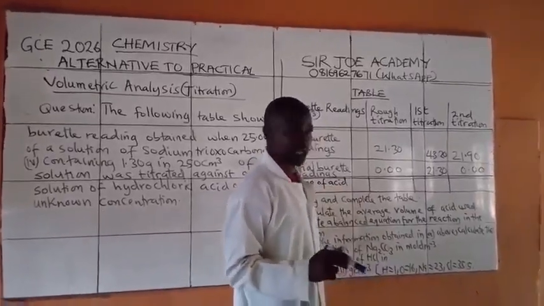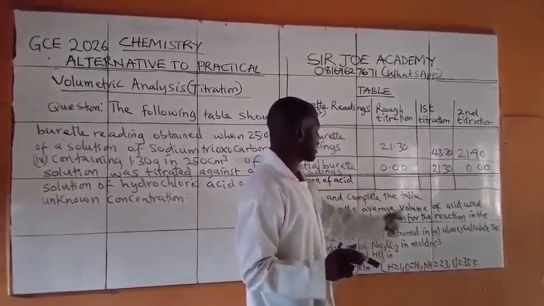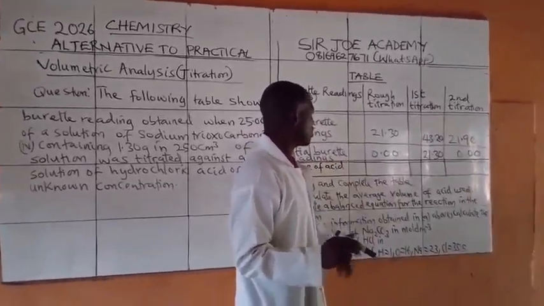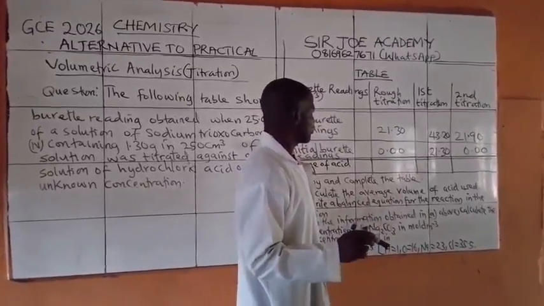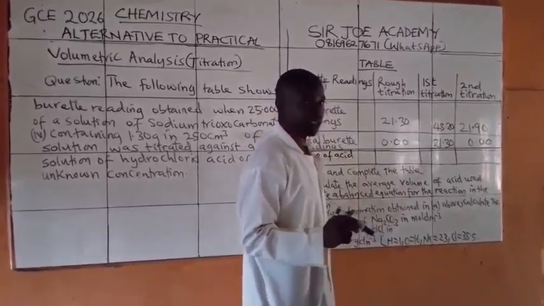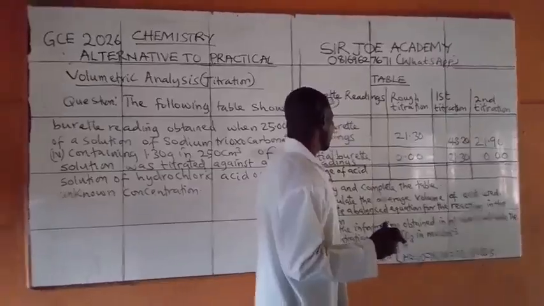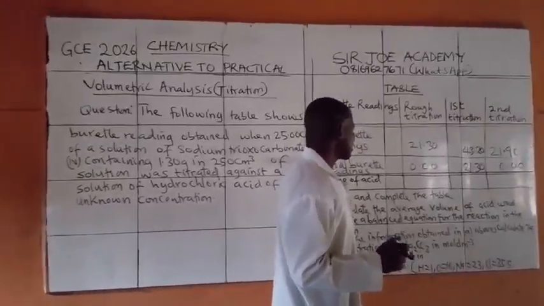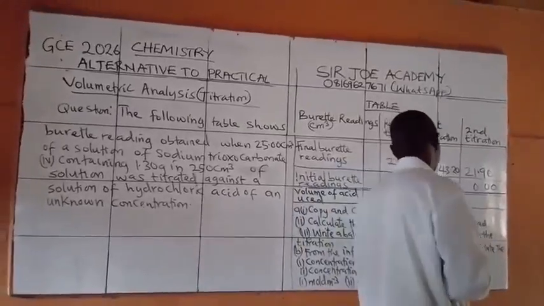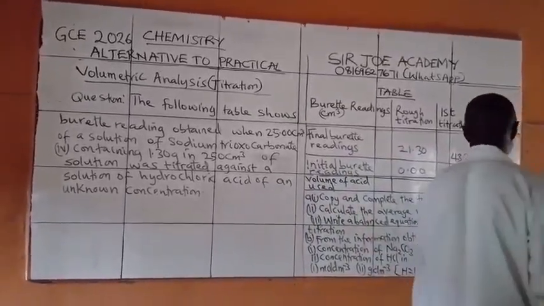Then for the second titration, the initial burette reading is 0.00 cm³, while the final burette reading is 21.90 cm³. I want you to look at the board very well and then look at the values.